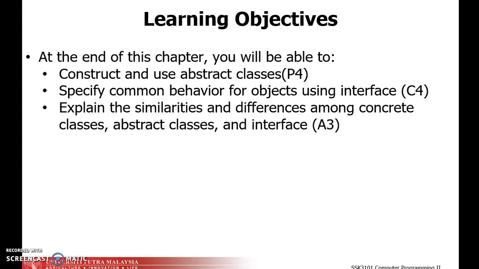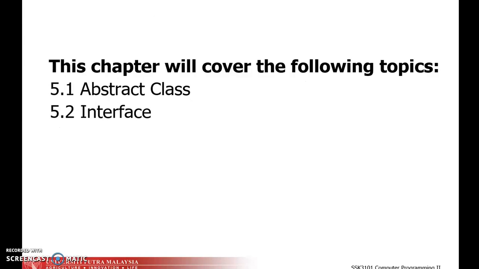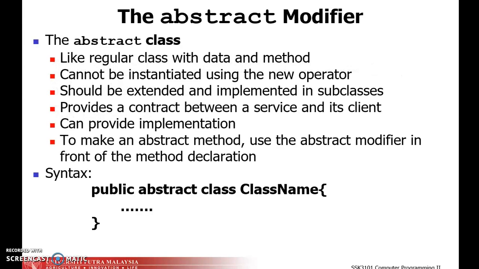And finally, you are able to explain the similarities and differences among concrete classes, abstract classes and interface. As I mentioned earlier, we will only cover abstract classes for today, while the interface topic will be covered later.